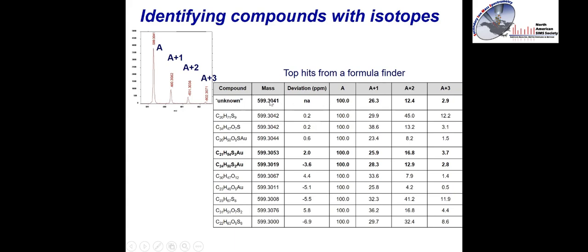So basically type this mass in and ask for what combinations of elements can match that given mass. And here I list a bunch of combinations that matched within a given tolerance to this centroid mass with their mass deviations. And then we can look at the isotopic percentages for the peaks that it suggested in the formula finder. And we can see that there's two that match quite closely.